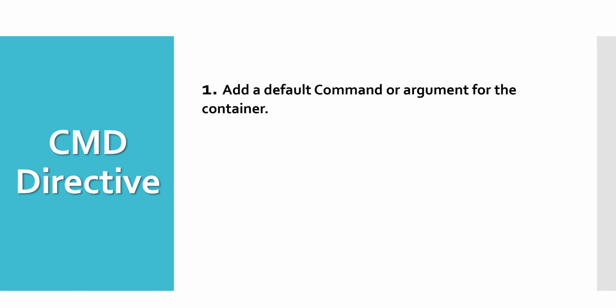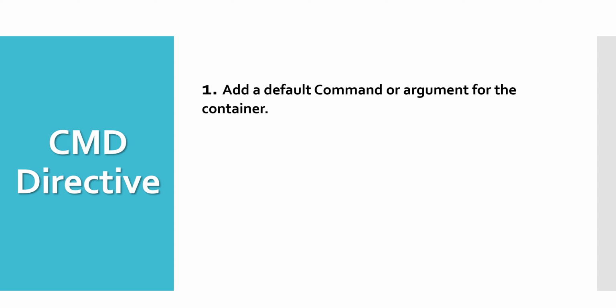So first let's talk about the CMD. CMD is more like a default command or argument for the container. So in the Dockerfile you specify CMD directive to execute a default command.